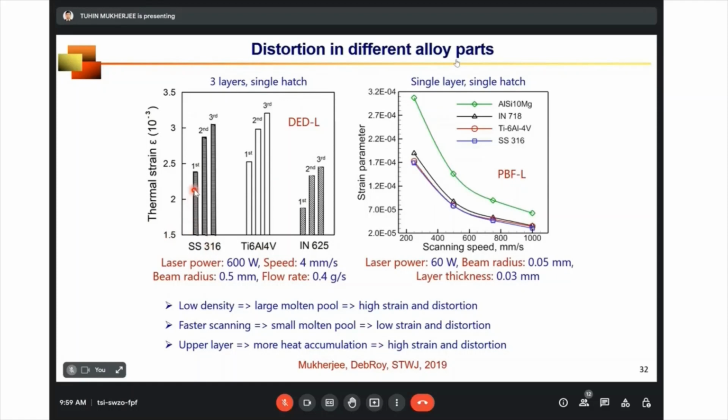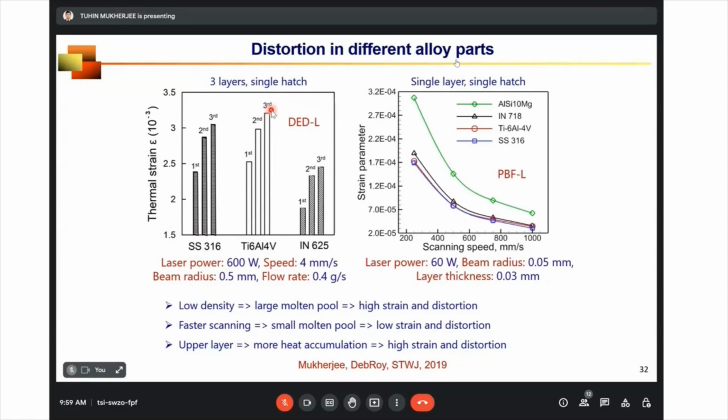So if you see this first, second, and third, these are layers for a 3 layer deposit. For the first layer, if you compare between stainless steel and titanium alloy, you can see for titanium alloy, the strain is higher. Now, for a particular alloy, if we go up, that means you are going away from the substrate.